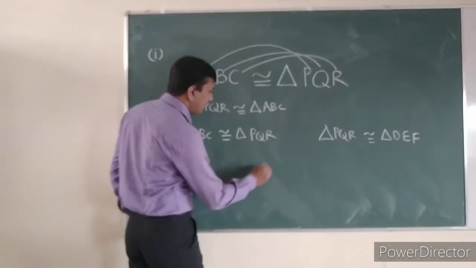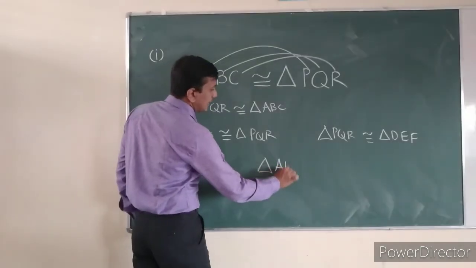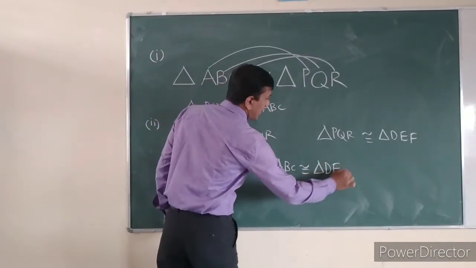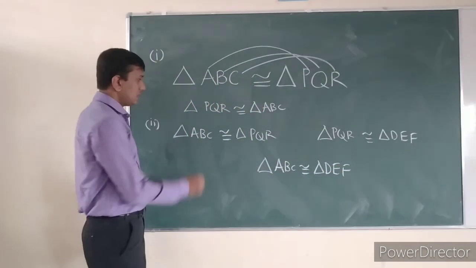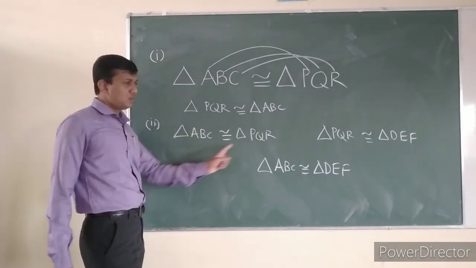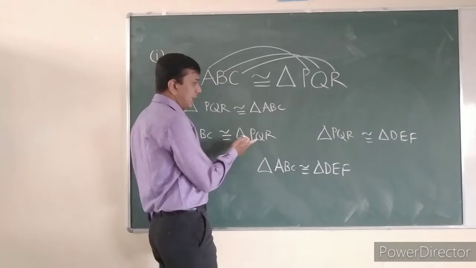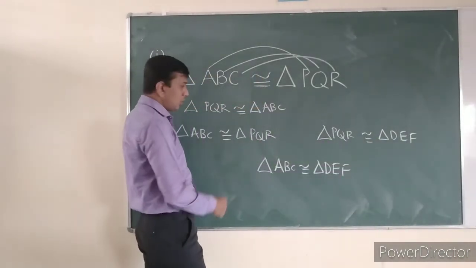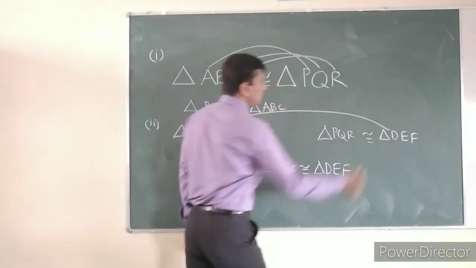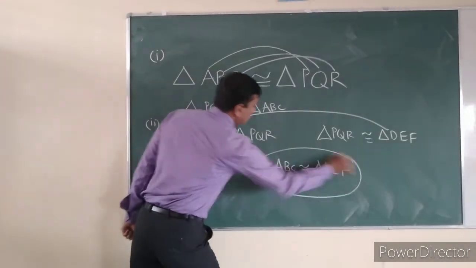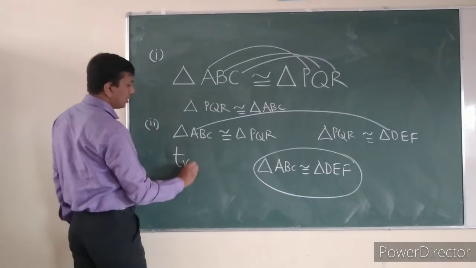Now, ultimately, we can say that triangle ABC is congruent to triangle DEF. So this is called the transitive property.